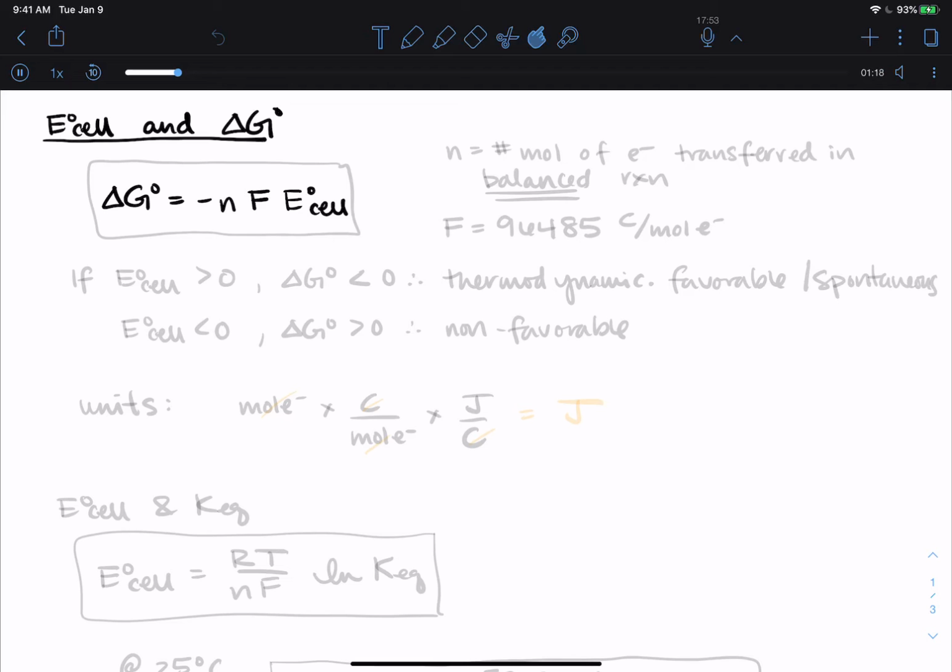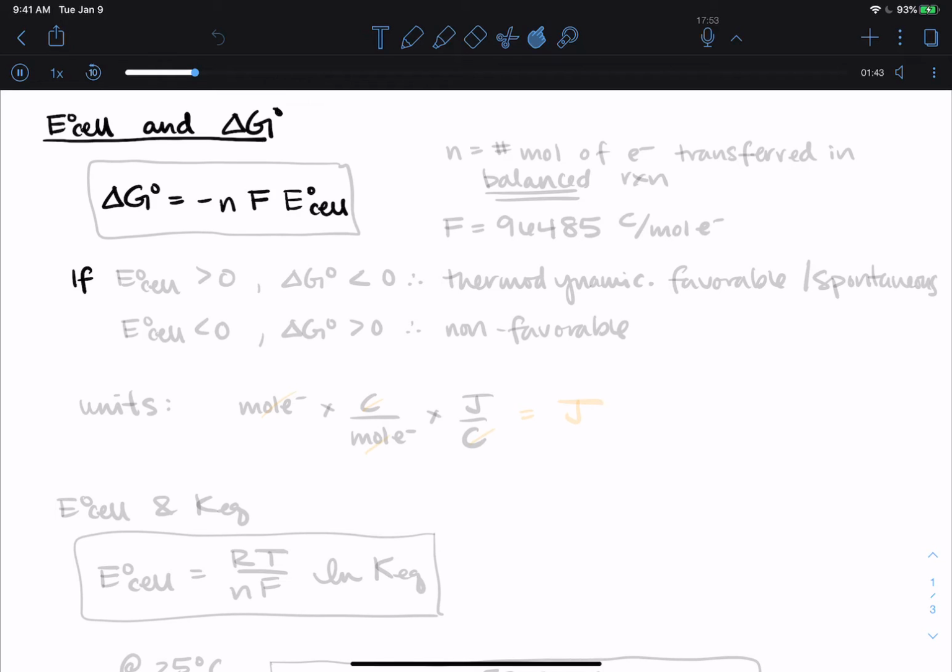So this right away, before we even define the things, in the example that you had, we had a positive cell potential, and I said that the reaction was spontaneous, which we've also started just referring to as thermodynamically favorable. And the reason that those go together is because of the negative sign in this equation.